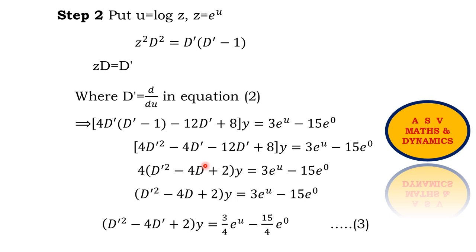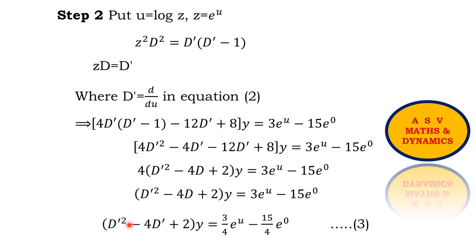In the 4, d dash is missing. The 4 will come to the right hand side. So d dash squared minus 4 d dash plus 2, this I sometimes write with some error, but it is not a big error, it is a small one. It is just rewriting.